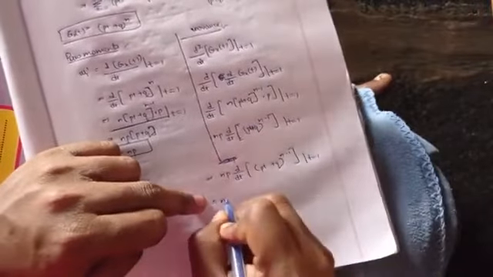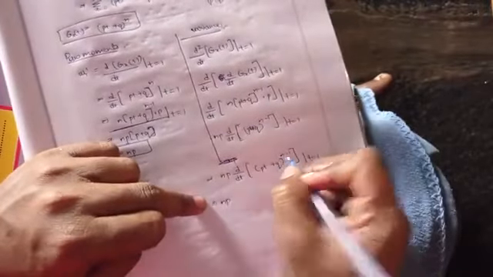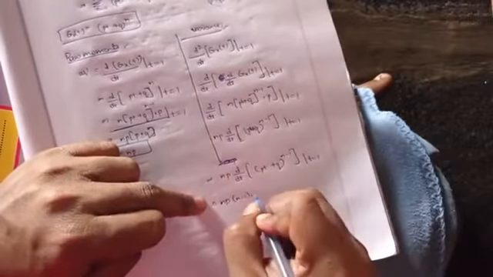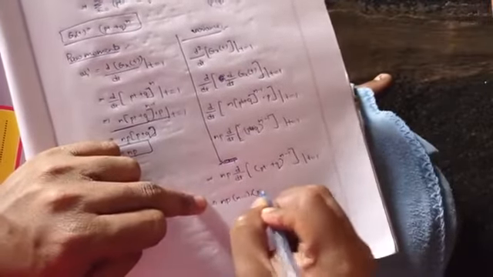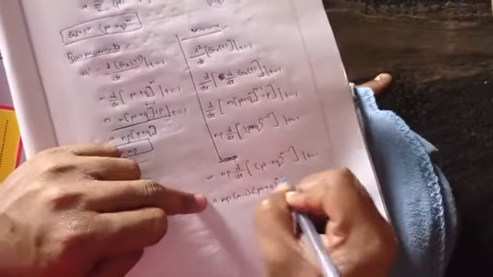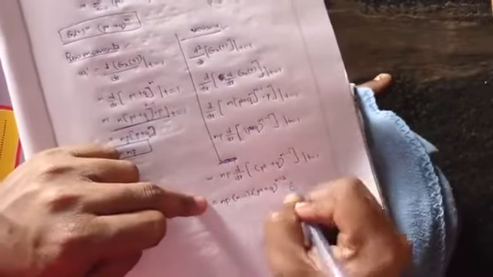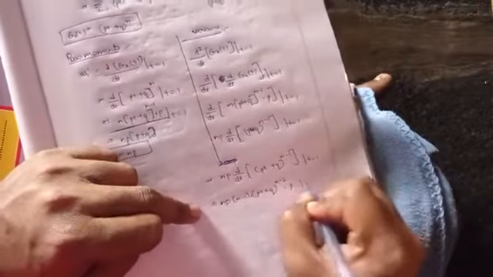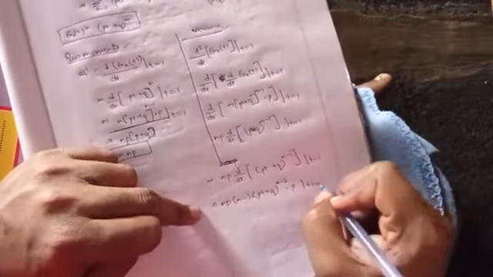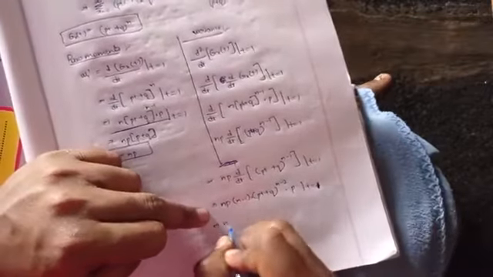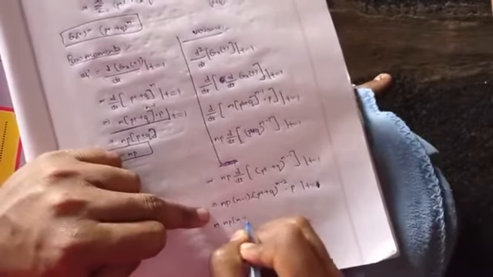That is np times n minus 1 into (pt plus q) power n minus 2 into the derivative of pt plus q, which is p, such that t equals 1. Now substitute t equal to 1 in the equation, that is np of n minus 1.